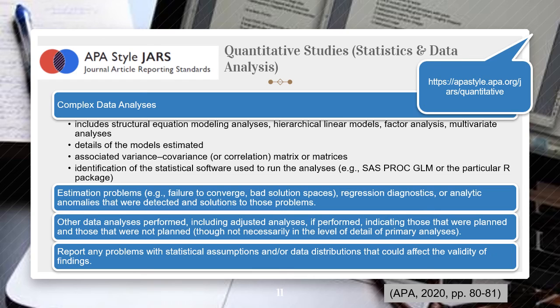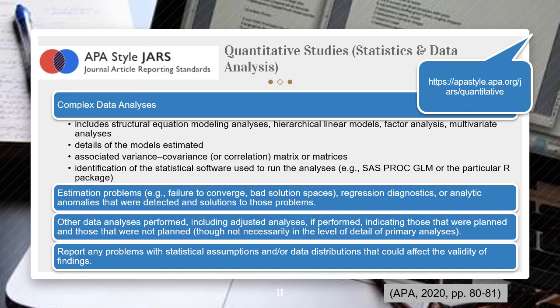Similarly, you will be reporting the variance, covariance, or correlation matrices. And then it's also important to identify the statistical software that you used to run the analyses, such as SAS Proc GLM or a particular R package. That's because there have been found to be some variations based on the software that you use.